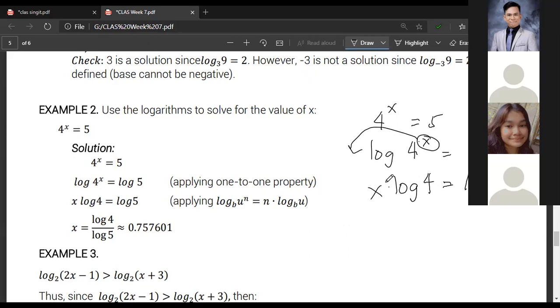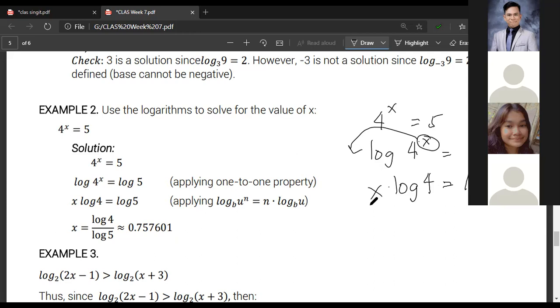Okay, sige, ganito na lang. Di ba meron tayong x times log of 4? Ang kailangan natin yung x lang. O paano natin matatanggal yung log of 4 dito sa kabila? Saan galing yung x times log 4 dito? Di ba sa log 4 raised to x? Nilipat ko na siya dito.